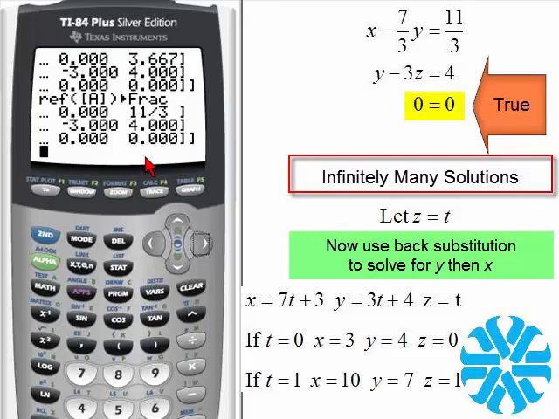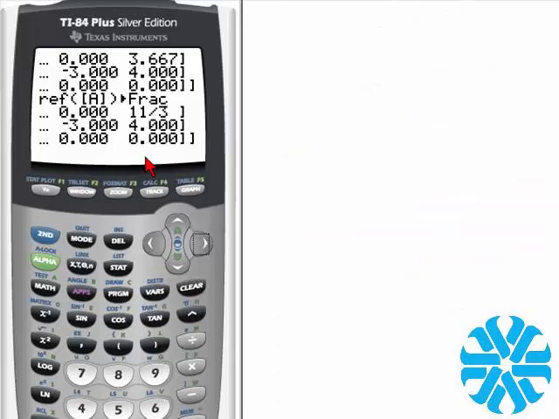If we let t equal 1, then x equals 10, y equals 7, and z equals 1. And you can keep putting in values for t: negative 5, negative 3, negative 1.4, negative 2/3. It doesn't matter what value you put in. All these values will work because there are infinitely many solutions for this particular system of equations.